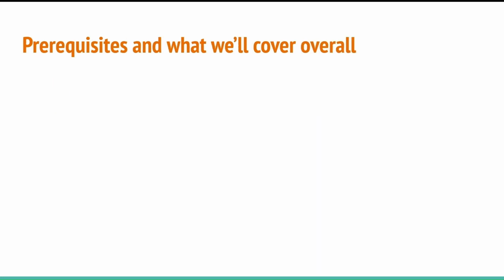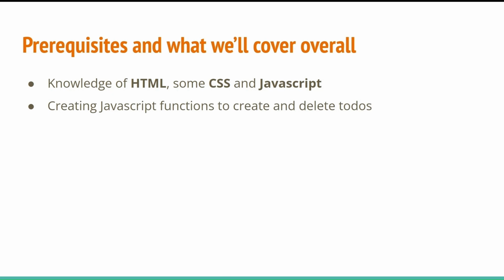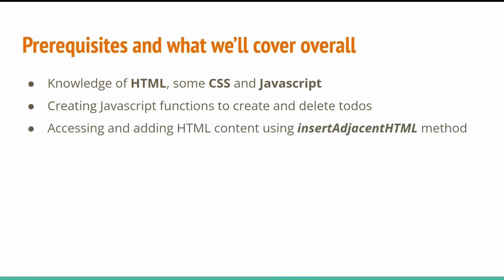So what are some prerequisites and things we'll cover in these videos? Well, it'll help if you know some HTML and JavaScript as well as some CSS, but I will go over everything in as much detail as possible. We'll be going over how to create JavaScript functions when we need to create and delete to-dos. We'll be looking at how we can access and add HTML content using the insertAdjacentHTML method.